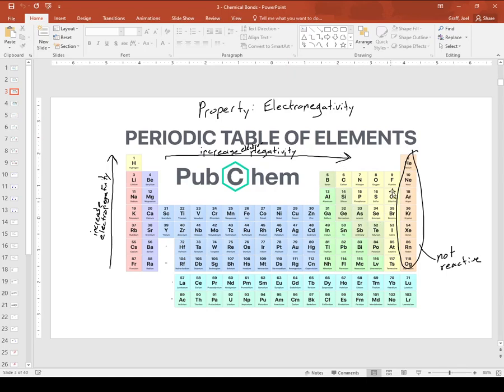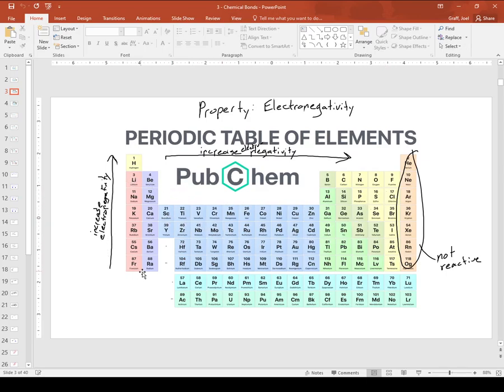Now the periodic table is set up in rows and columns, and we even have some color coding on this particular periodic table, and the color coding is giving us a hint as to which elements behave similarly to each other.